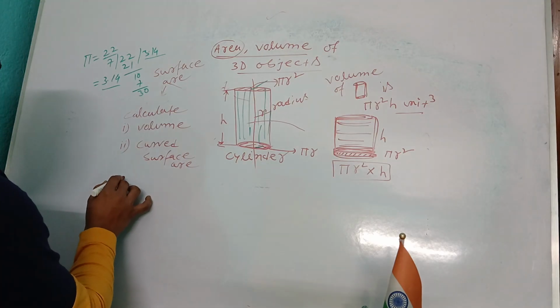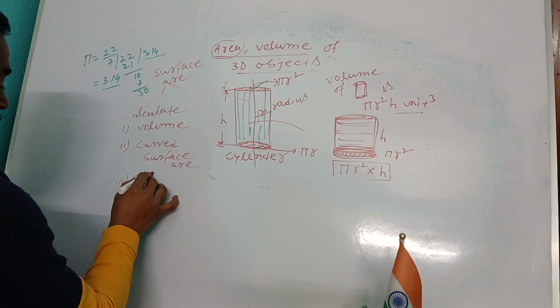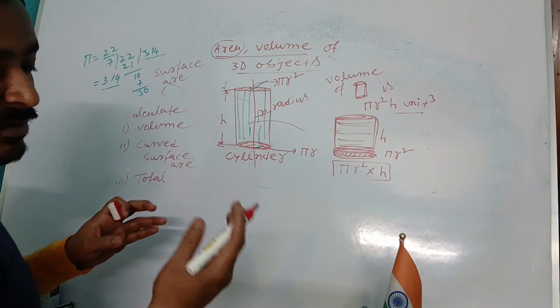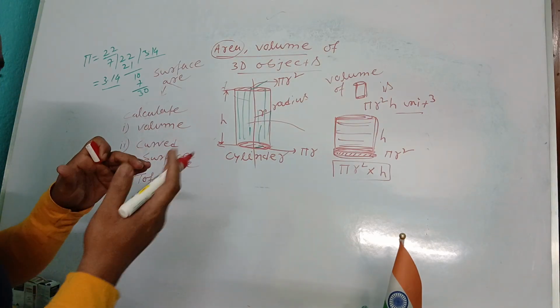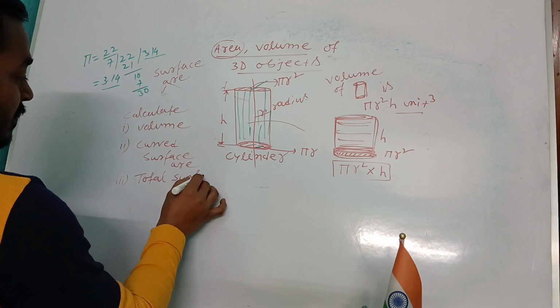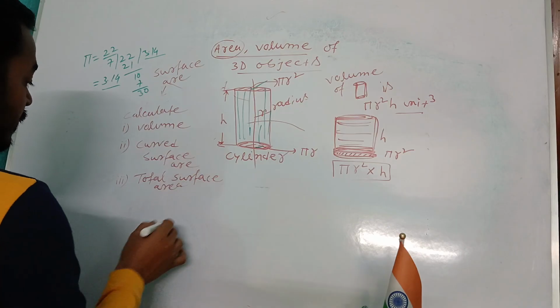Number three, total surface area. Curved surface is also known as lateral surface area, just remember the term. So total surface area.